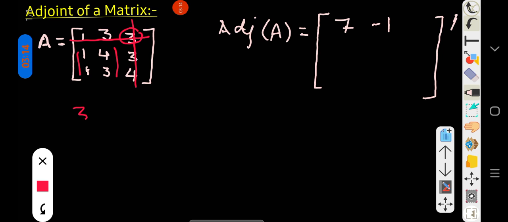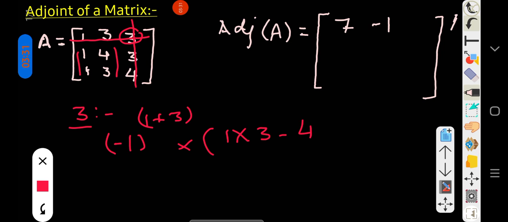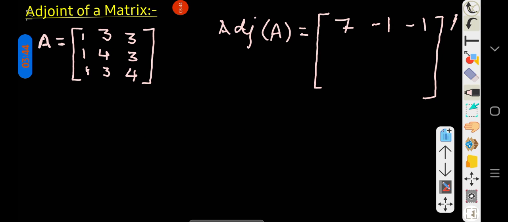Now for the cofactor of 3, we will write minus 1 raised to the power first row plus third column, as 3 is present in the first row and third column, and it should be multiplied by 1 times 3 minus 4 times 1. So this will become 1 times 3 minus 4, which will be minus 1 again. So the third element will be minus 1 again.